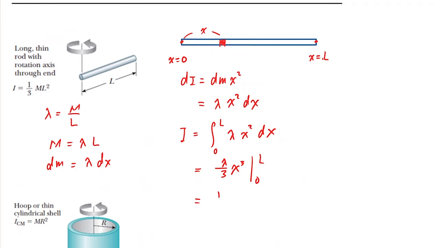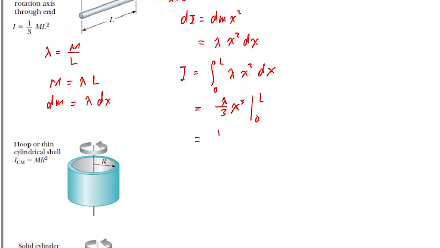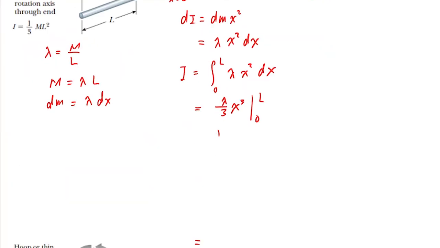That gives you lambda over 3 L cubed. Remember what lambda is: lambda is m over L. So we substitute that in.